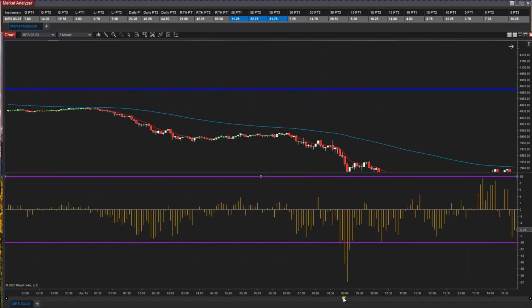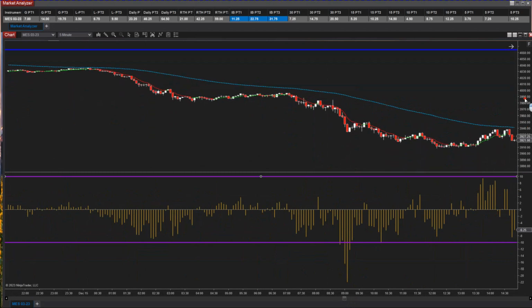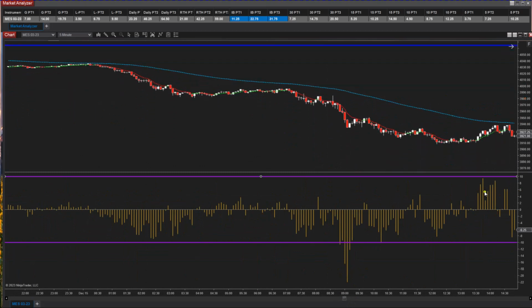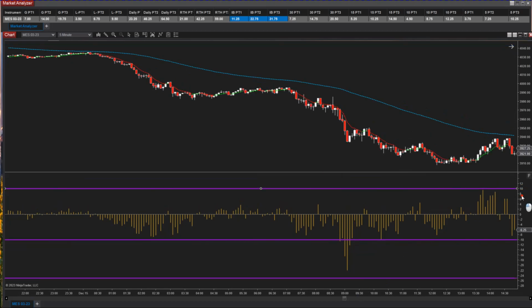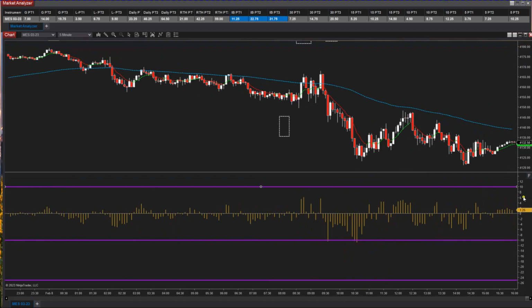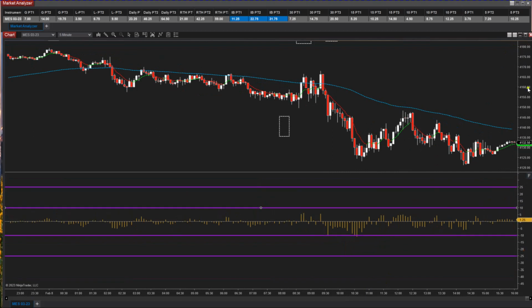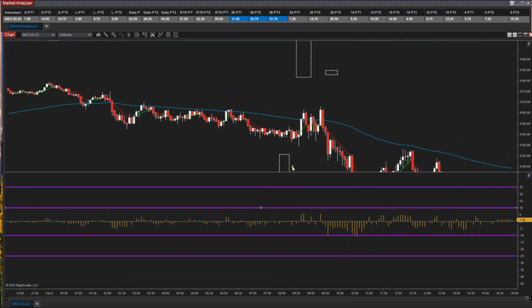That one was really long, big spike down. But in a normal trading environment, hopefully this will help us adhere to a risk management system.